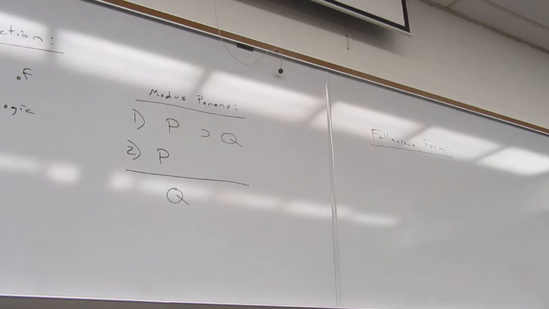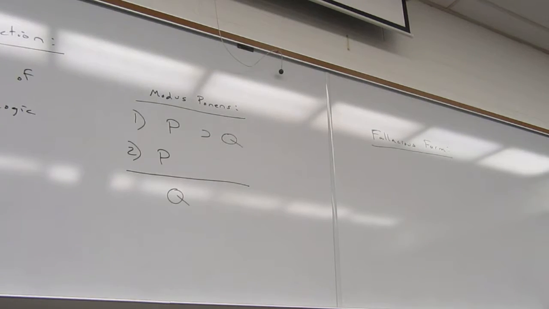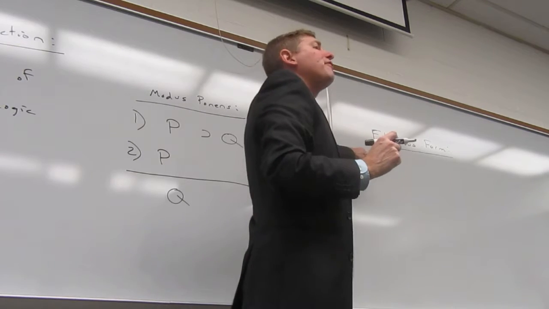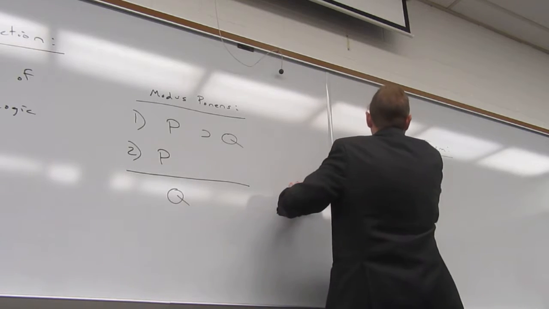They're wrong. Yeah, there's something structurally wrong with it. There is something wrong with the structure that makes it such that the conclusion does not necessarily follow from the premises. Now, the formal fallacy that looks a lot like modus ponens looks like this.